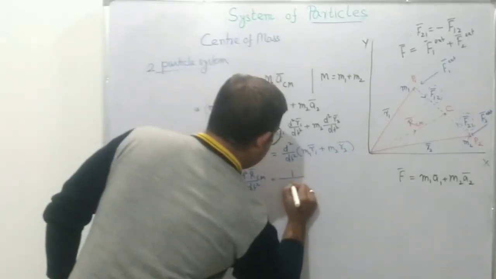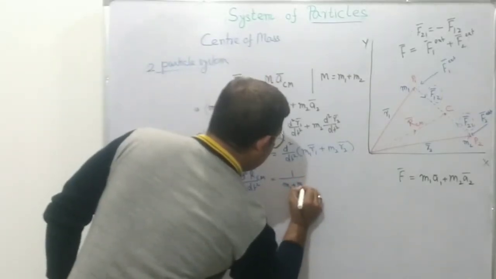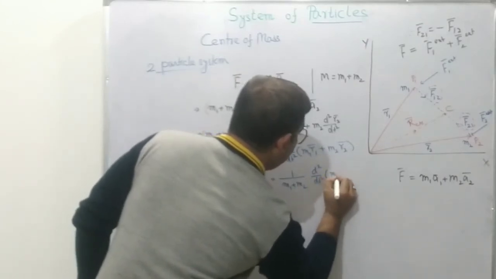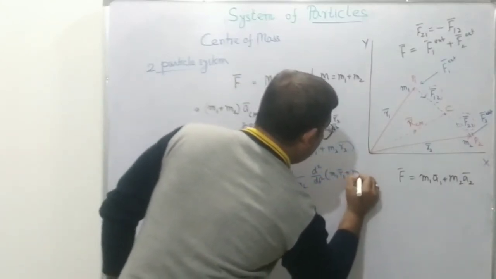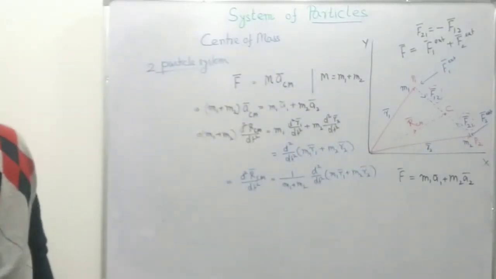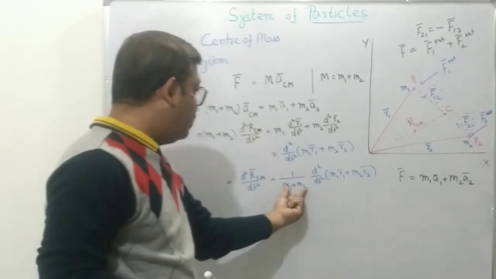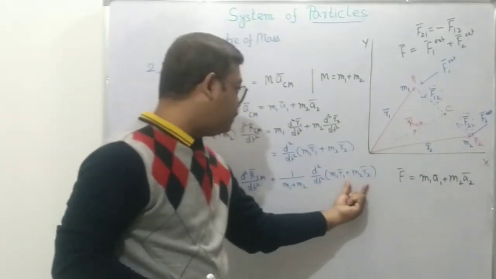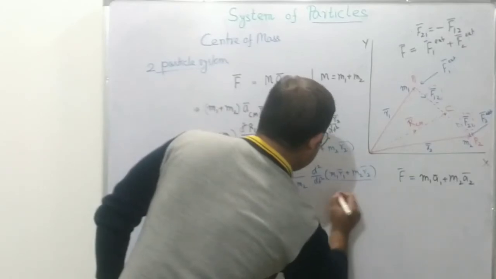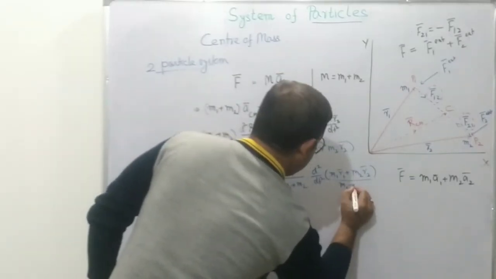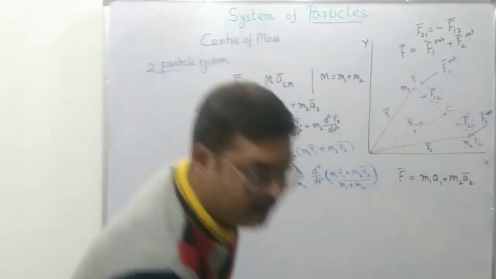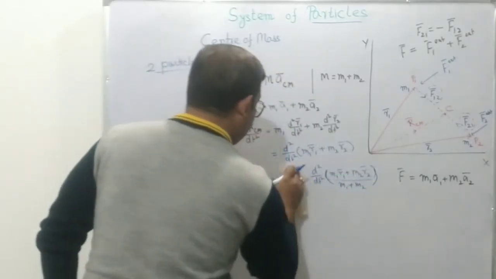So 1 by m1 plus m2 into d square by dt square of m1 r1 plus m2 r2. So if we take this also inside the derivative, we can always do that, m1 plus m2 in the denominator, so this term will be going inside.